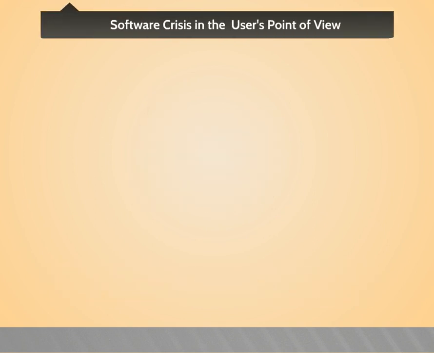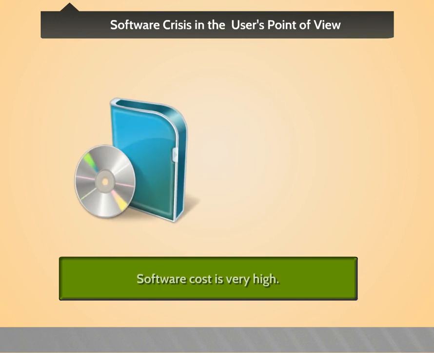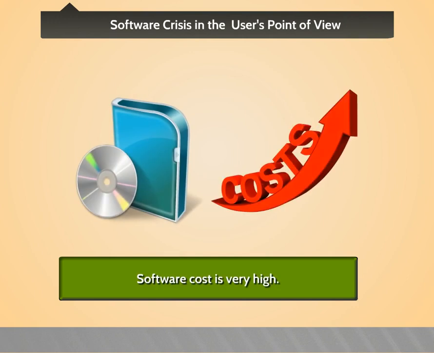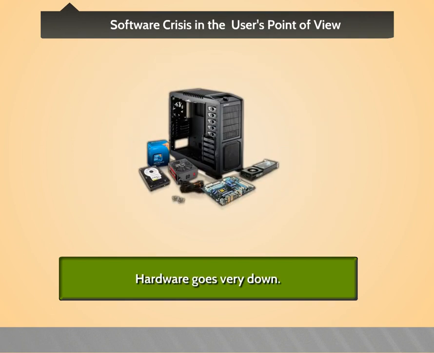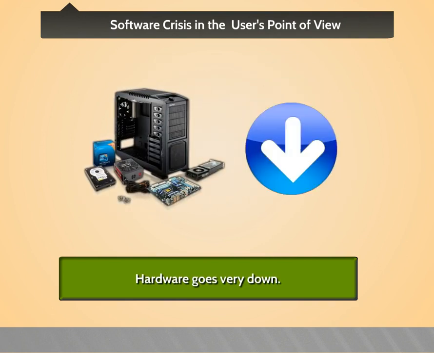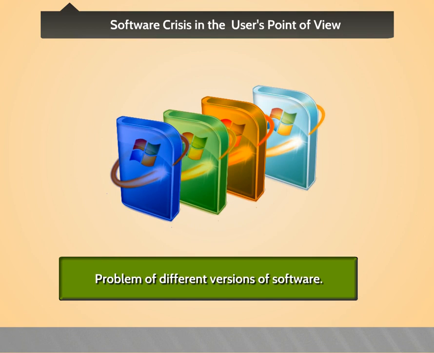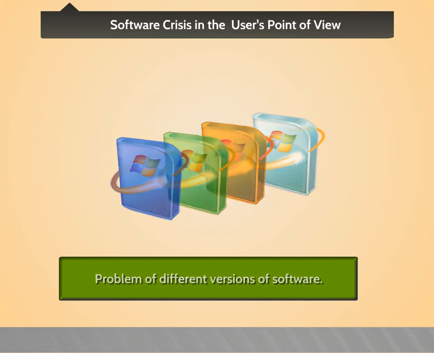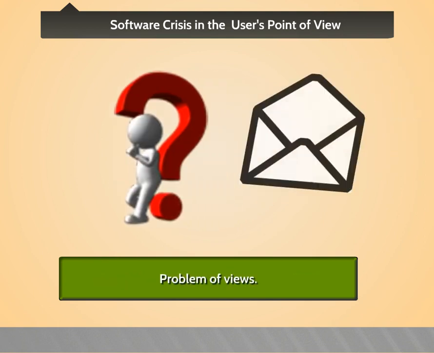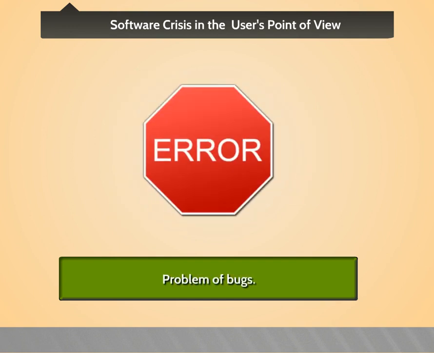Software crisis in the user's point of view. Software cost is very high. Customers are moody or choosy. Hardware goes very down. Lack of specialization in development. Problem of different versions of software. Problem of use. Problem of bugs.